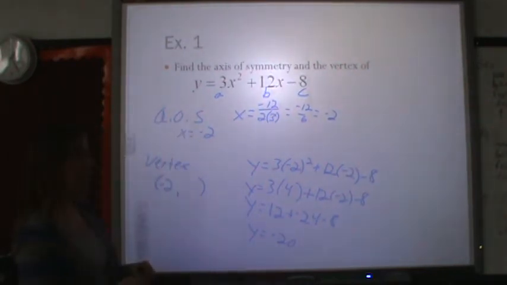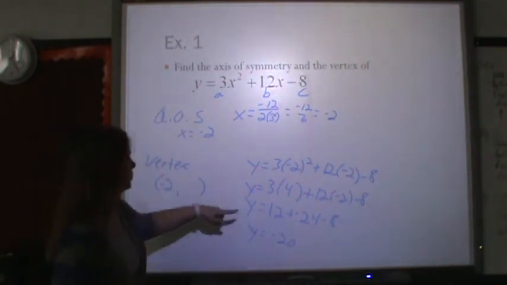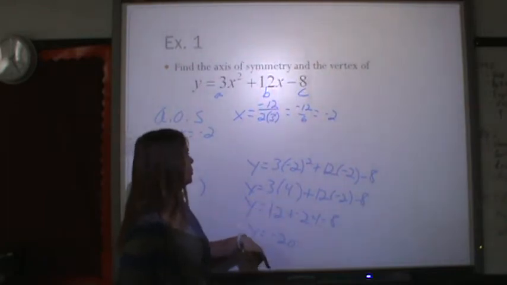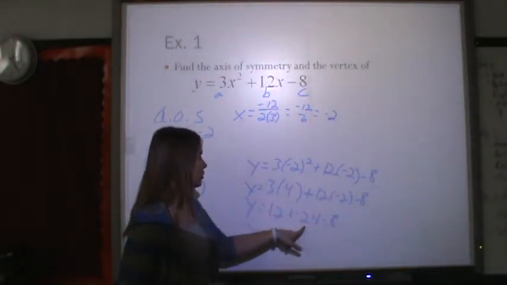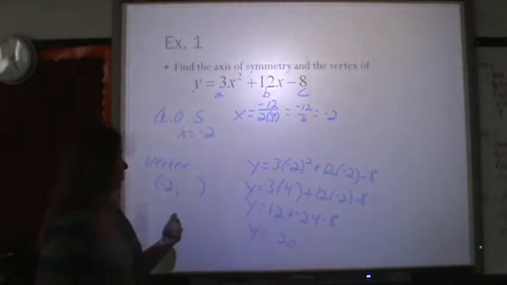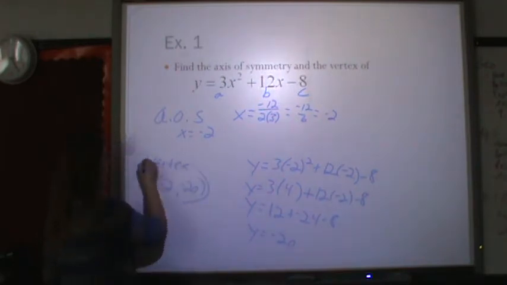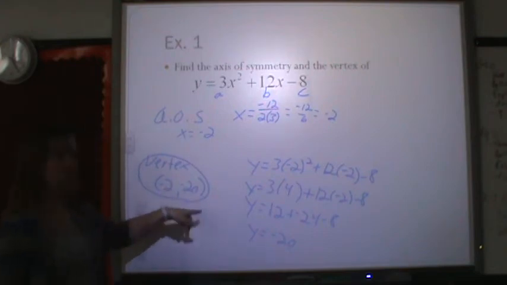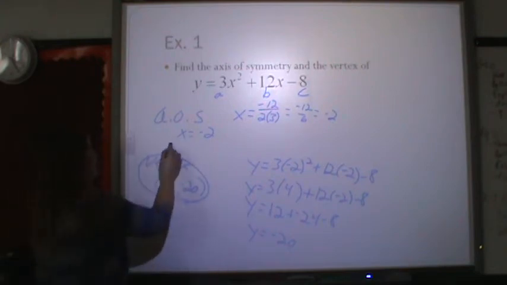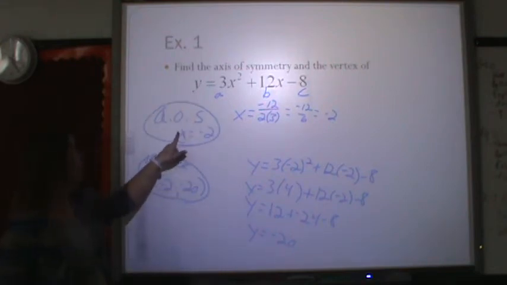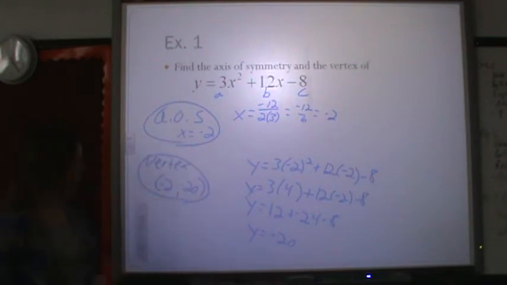Just double checking that I did all my math correctly. So negative 24, negative 12, negative 8. Okay, so my vertex is at negative 2, negative 20, and then my axis of symmetry is at x equals negative 2.